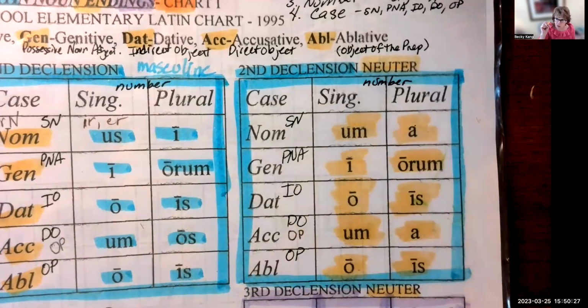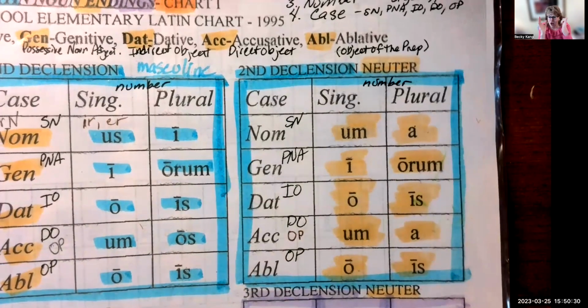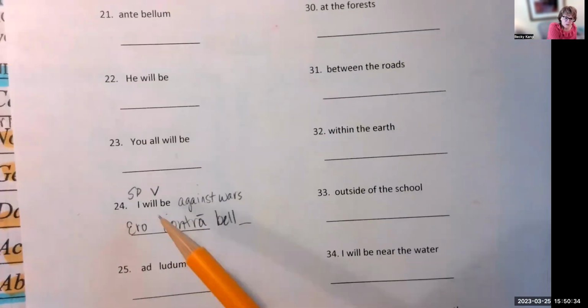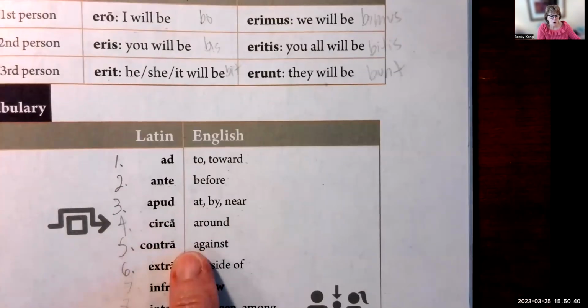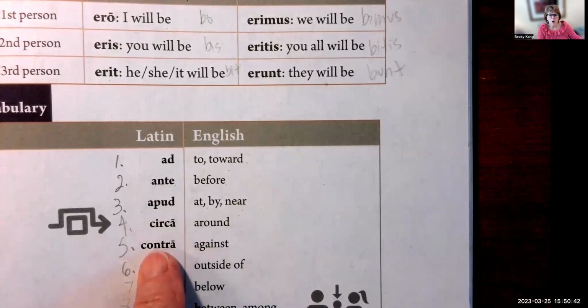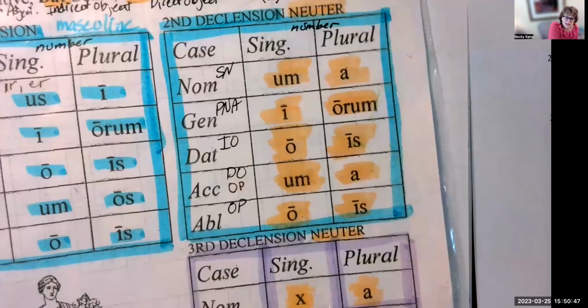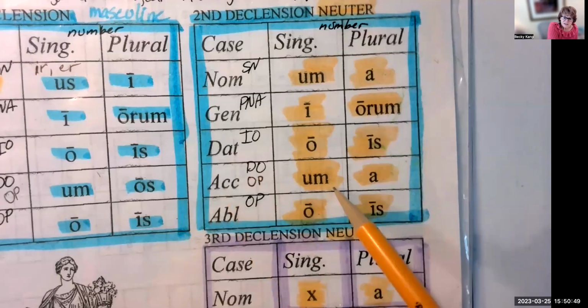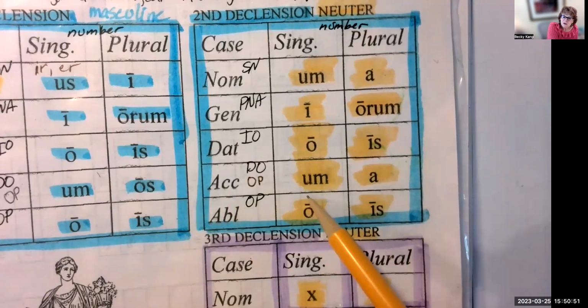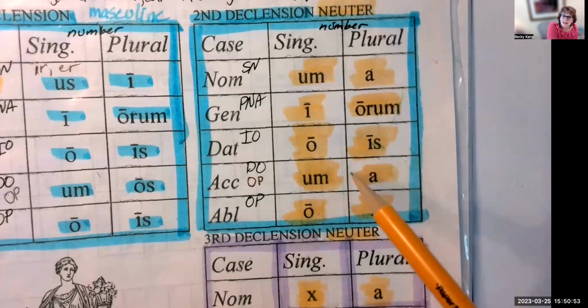Now, here we go. This is it. Are you listening? The word against. The preposition against. It always takes this ending. This is going to be the ending for singular, and this is going to be the ending for plural.